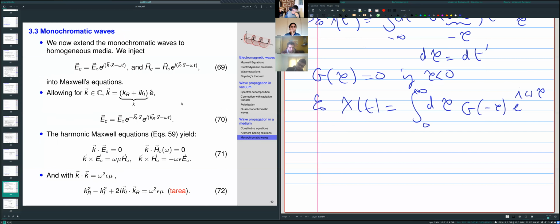So going back to the monochromatic waves now, we rewrite the monochromatic plane waves.